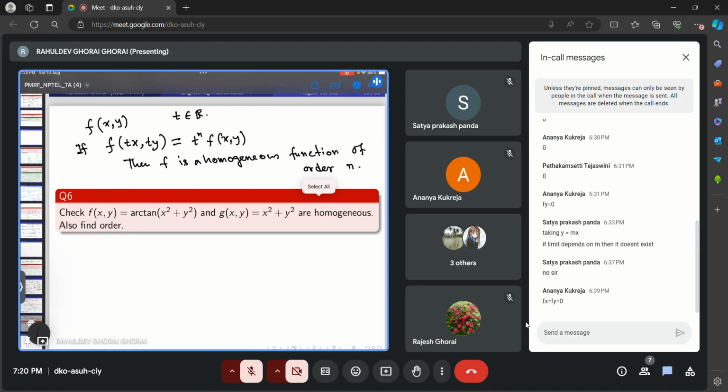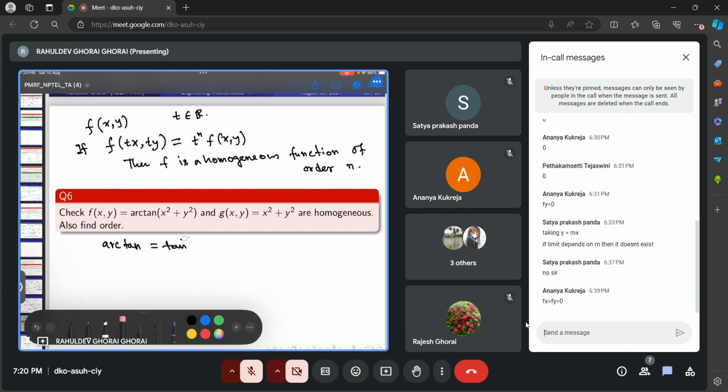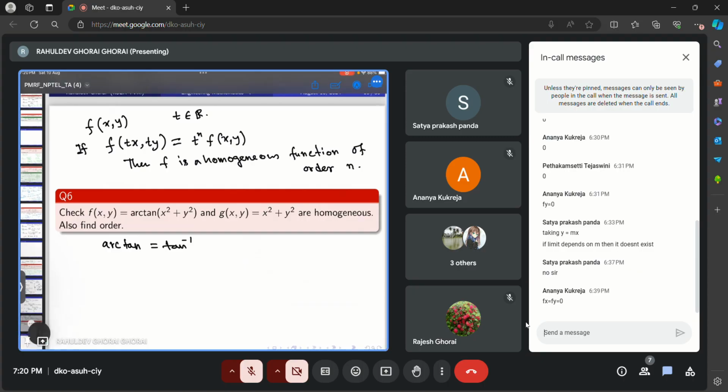So for this function, arc tan, what is arc tan? It is nothing but tan inverse. The tan inverse function we denote by arc tan. Let's write it properly, tan inverse.